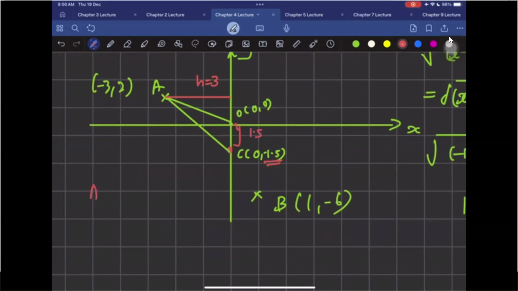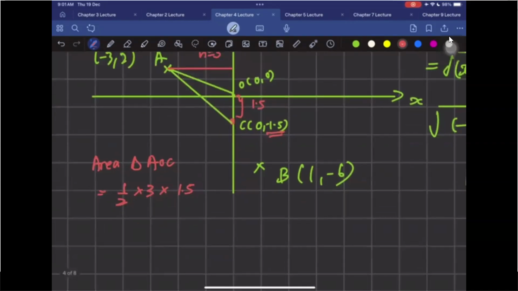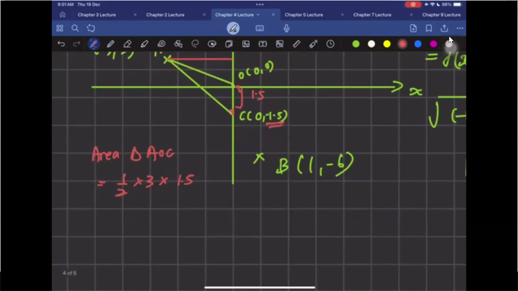Therefore, area of triangle AOC is equal to half times 3 times 1.5. Note that your area can't be negative, so although your coordinates are negative, you don't need to show your working in negative. Okay? Then you should get 2.25 units square.